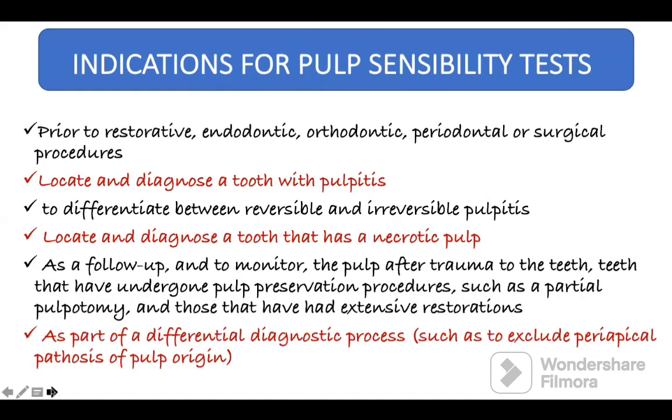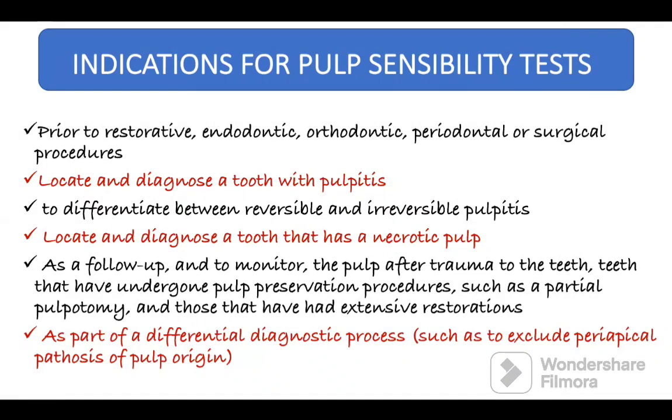Let us have a look at the indications for the thermal tests, which are pulp sensibility tests. The thermal tests are indicated prior to restorative, endodontic, orthodontic, periodontal, or surgical procedures to assess the status of the pulp. They help in locating and diagnosing a tooth with pulpitis.